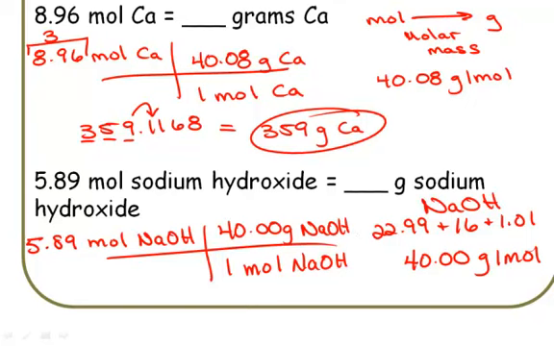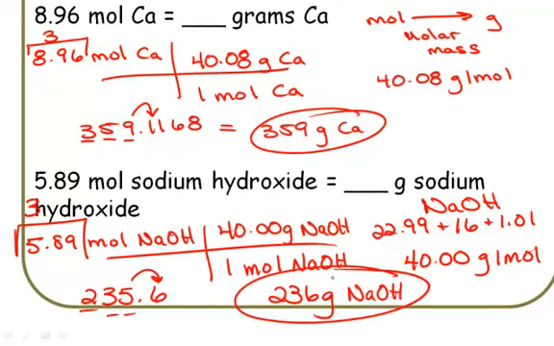So I take my 5.89 times 40 and get 235.6. I have 3 significant figures here, so my answer should be 236 grams of sodium hydroxide.